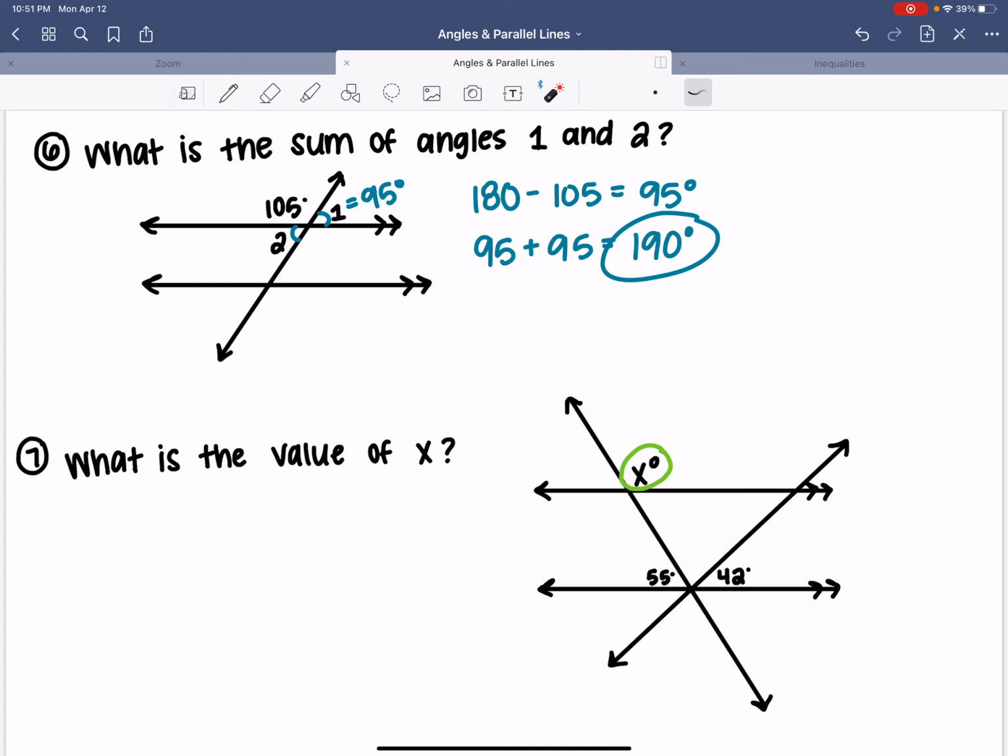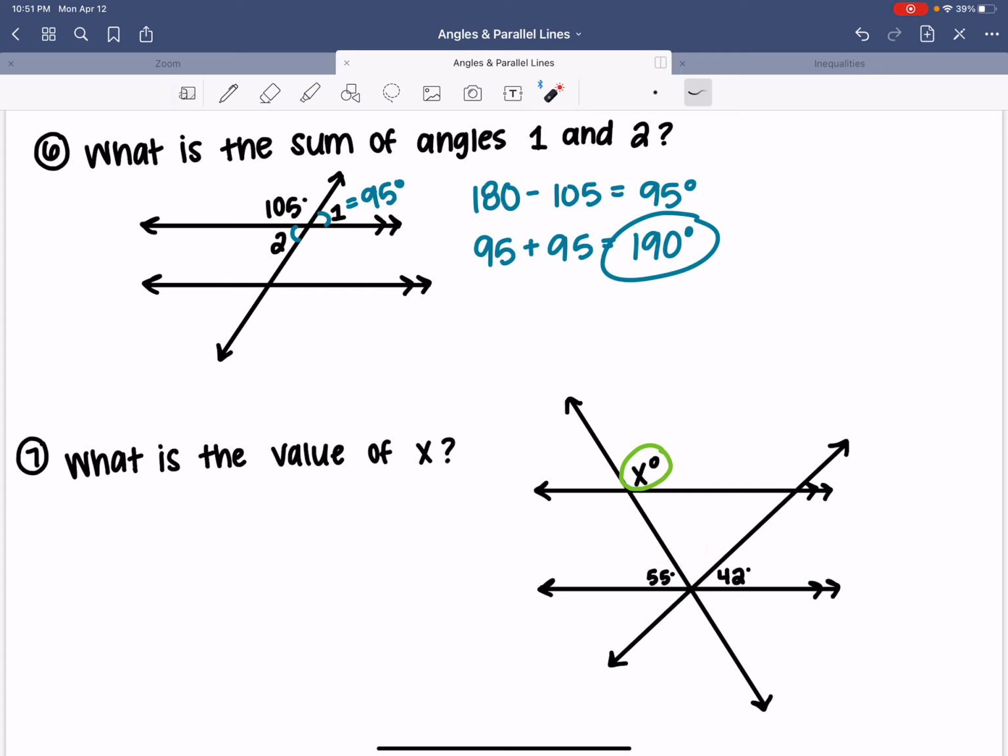Now when I say that angle measure, I'm looking at the angle formed by, if I look at this intersection, it's this angle here. So that angle that's highlighted is 42 plus something that we don't know to form this angle.